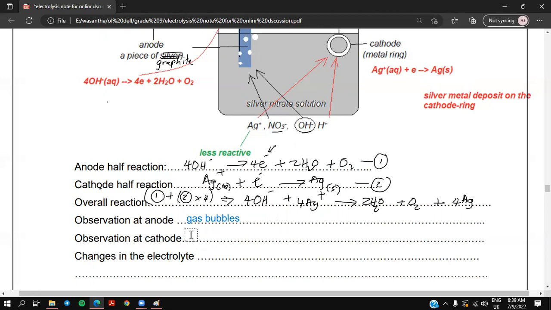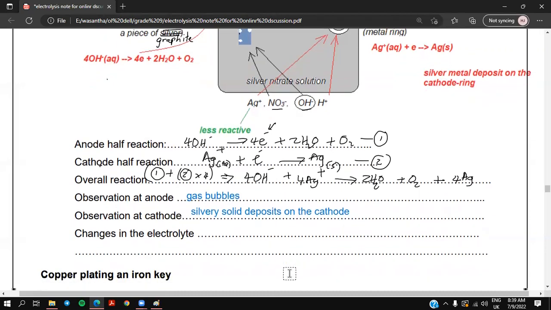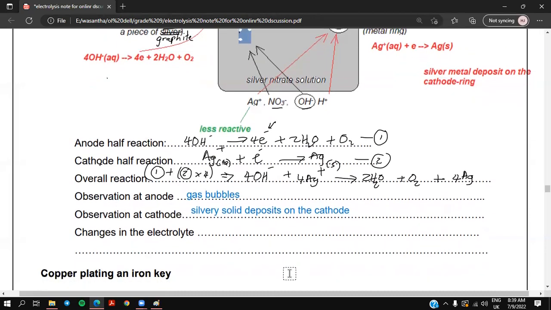And observation at the cathode, silver is solid, deposits on the cathode. Changes in the electrolyte.